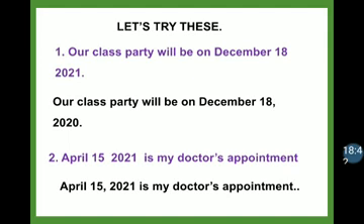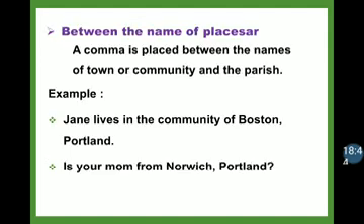Let's move on to rule number 3. And rule number 3 says, between the names of places, a comma is placed between the names of towns or communities and the parish.